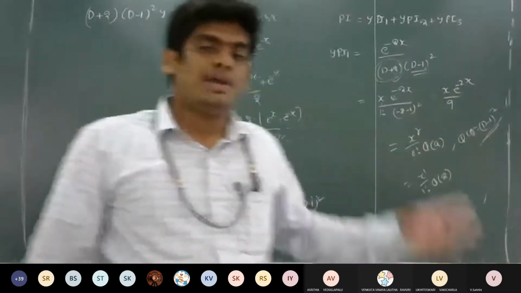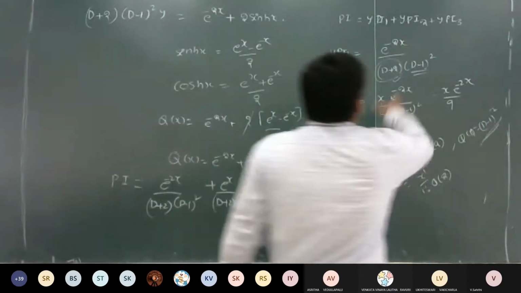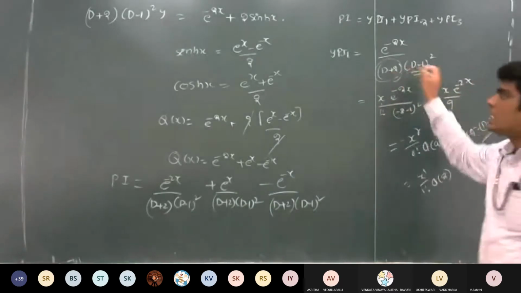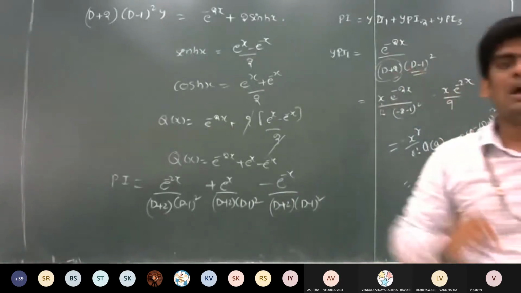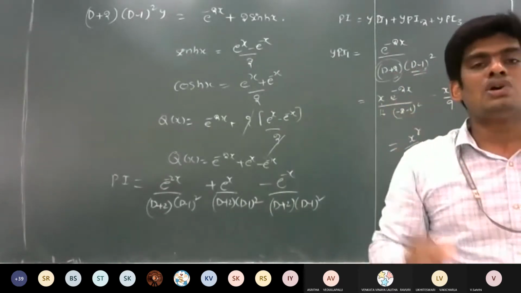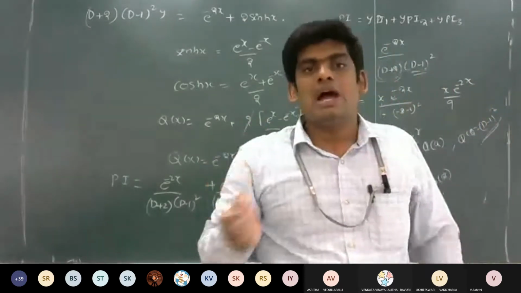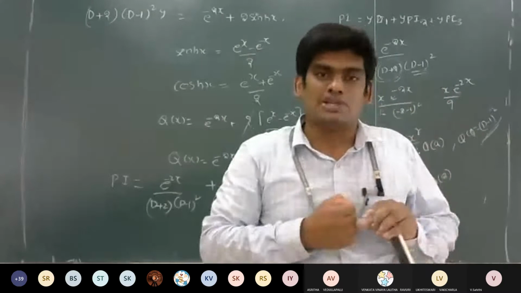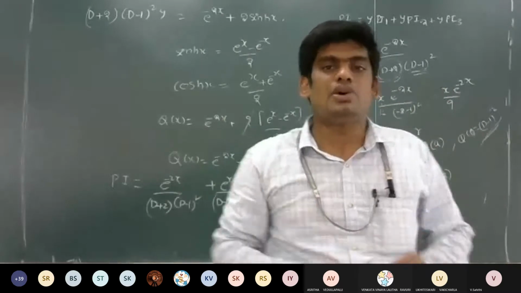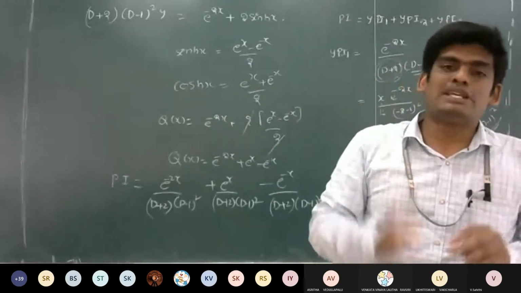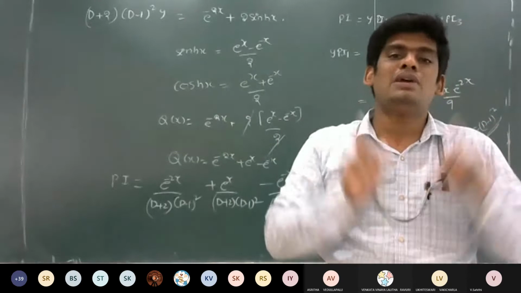Otherwise, we can expand f of d, that is, expand the factors and make it f of d form, and find the derivative with respect to d. You substitute d by a and check whether it is zero or non-zero. If it is non-zero, you conclude that the root is repeated one time.